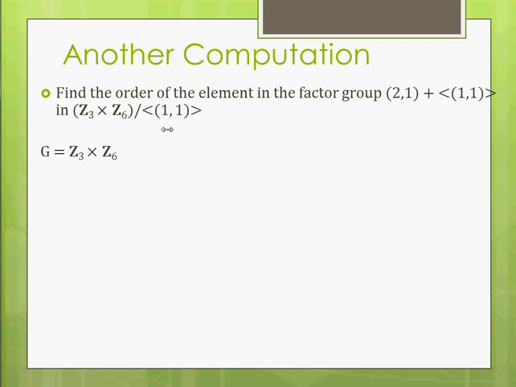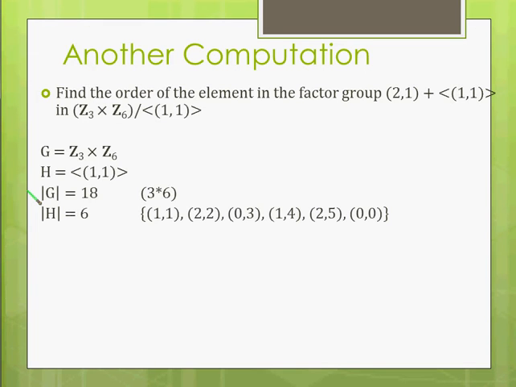Notice that G is Z3 cross Z6. That's our group, and our subgroup is the cyclic subgroup generated by (1,1). Also notice that the size of G is 18, and the order of H is 6, and I showed that here.